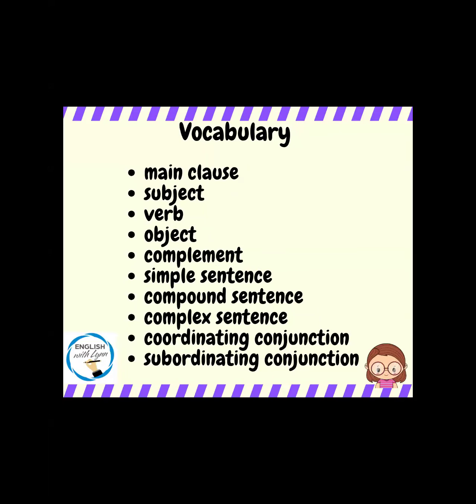We will then move on to the sentence types, and we will look at simple, compound, and complex sentences. So there are three different sentence structures. Within those sentence structures, we will be using the language of coordinating conjunctions and subordinating conjunctions.